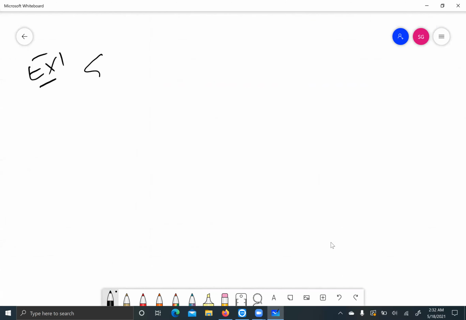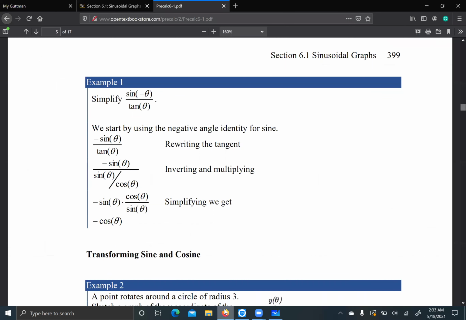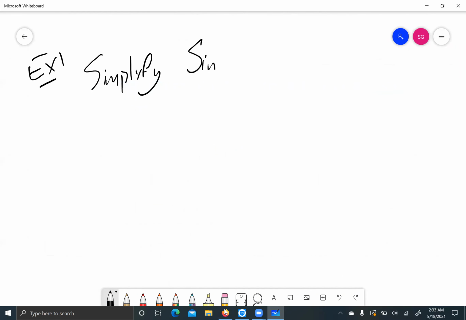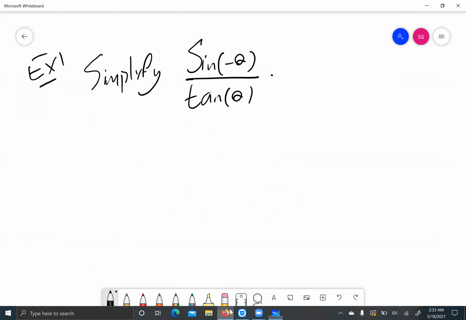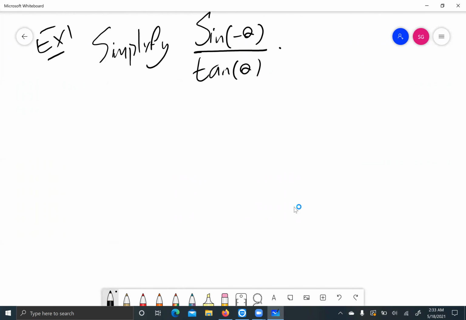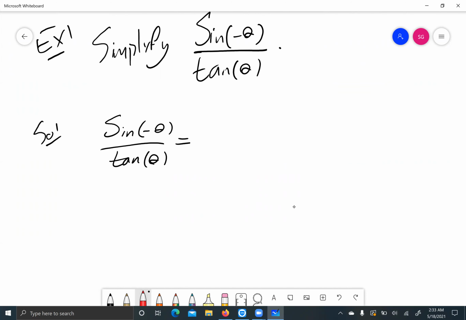So simplify sine of negative theta over tangent of theta, right? We want to simplify this, but we just saw that sine is an odd function, right?